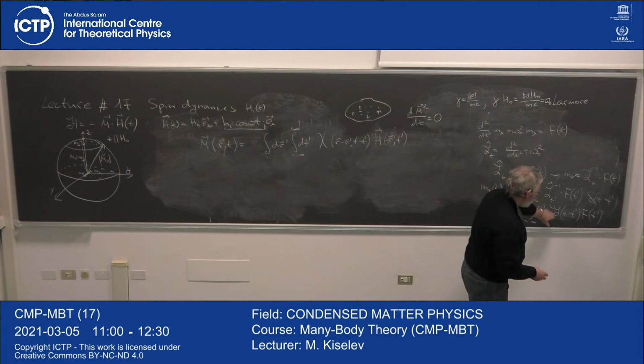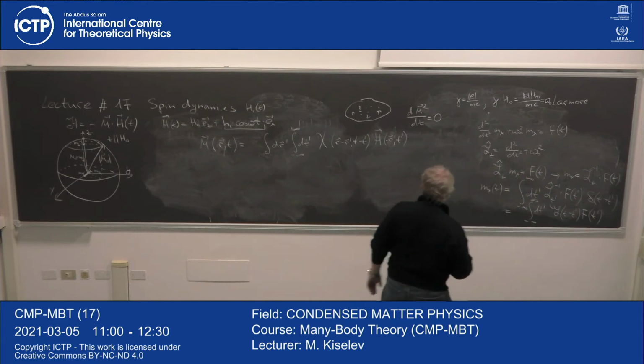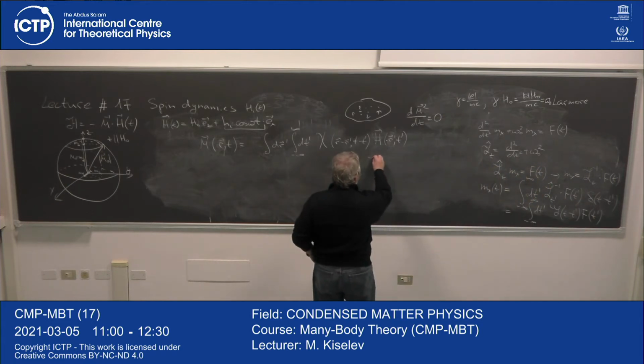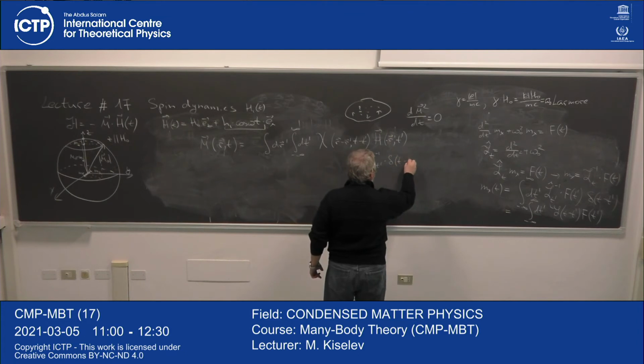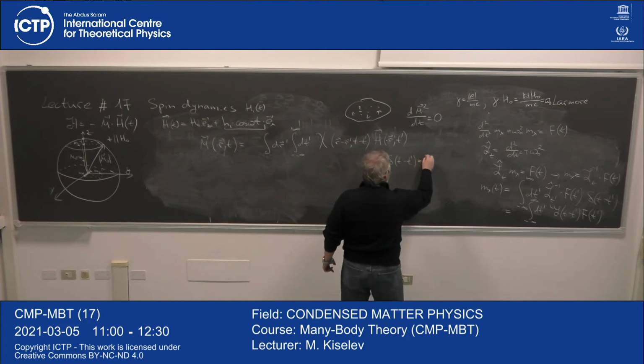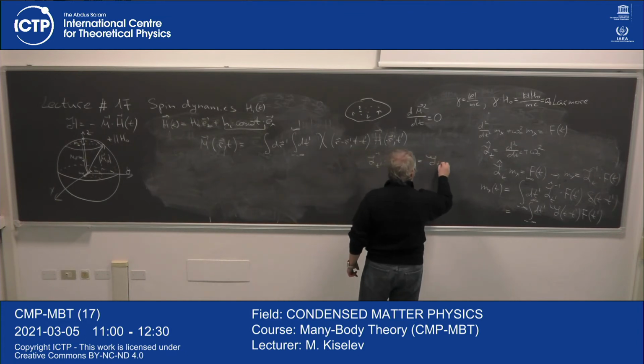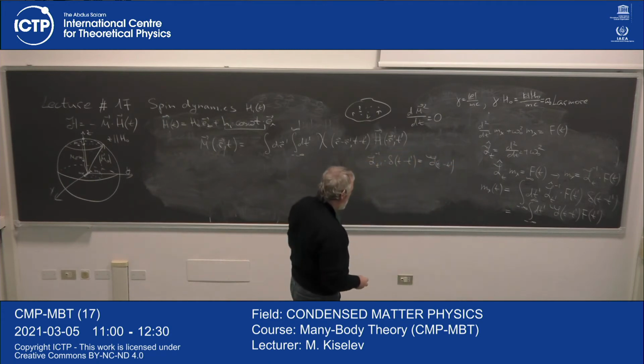By comparing these two equations, I can write down that L^{-1}(t') times delta(t - t') is equal to the Green function G(t - t'). This is the function which I'm looking for.